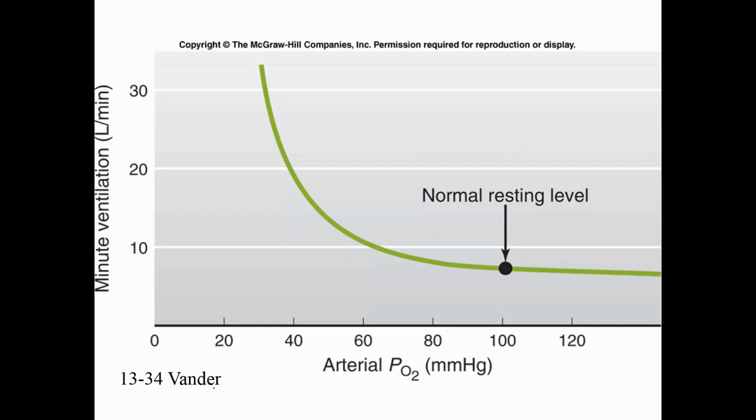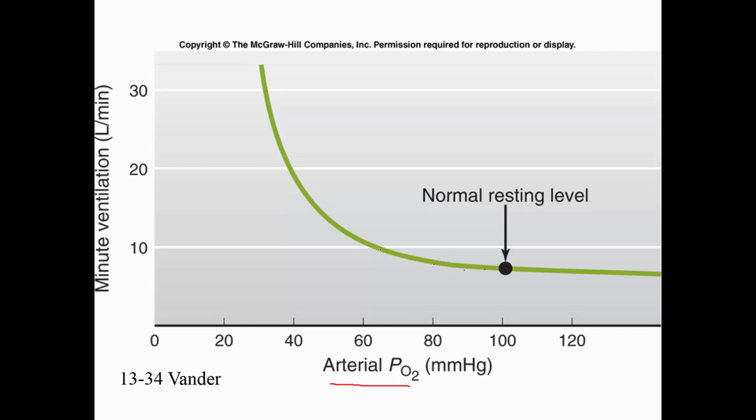Now here's the oxygen relationship I was alluding to a bit ago. Normal resting arterial PO2 is about 100, 95 to 100. Notice PO2 can go to 100, 95, 90, 80, and we're not getting much of a change. 70.